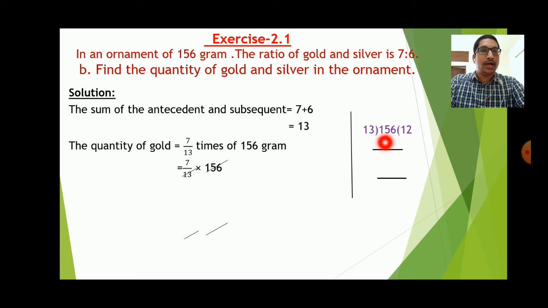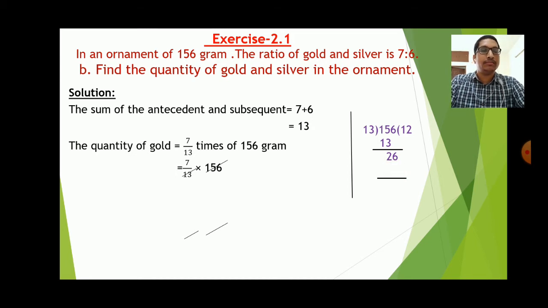So 15, how many times can we take 13 in 15? Definitely one time. So if we take one time, then it will be 13 ones are 13. Now we will subtract. So if we subtract 3 from 5, then it will be 2 and write down 6. Okay, so it will be 26.